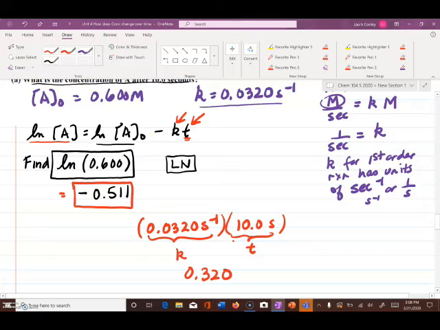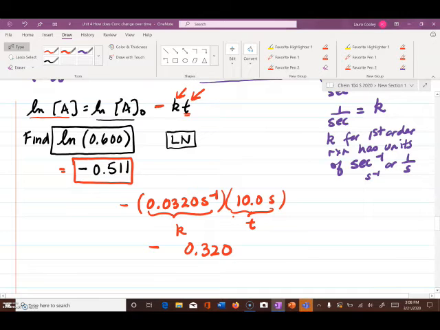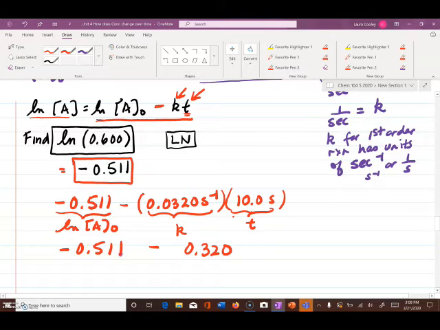But the equation, notice, has a negative sign there, so we're going to take the negative of that. Since it's ln A0 minus KT, we put in the negative 0.511. This is the log of A0 minus KT. So it's minus 0.511 minus 0.320.